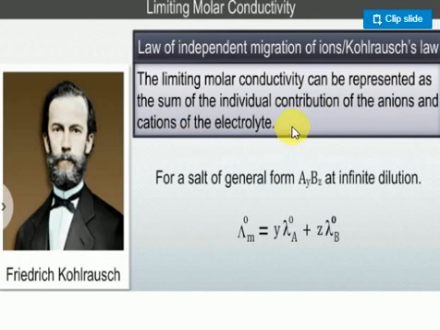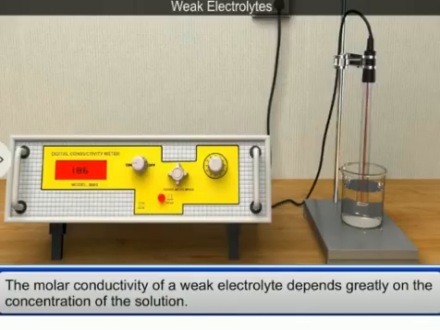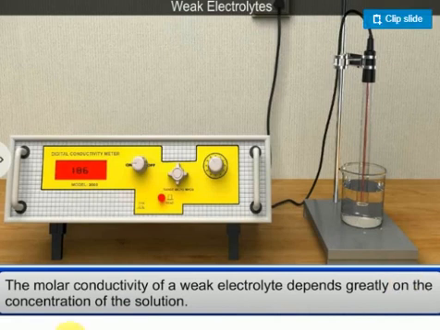One point is very, very important for weak electrolytes. When you increase the dilution, the number of ions dissociating increases, so conductivity also increases. That's called Kohlrausch law, very, very important for board examinations. So look at this formula for a weak electrolyte. The molar conductivity of a weak electrolyte depends generally on the concentration only.